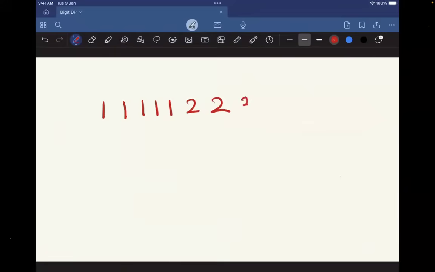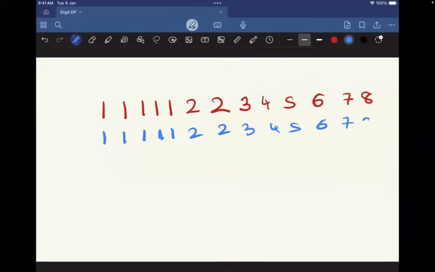Consider the array 3, 4, 5, 6, 7, 8, right? Now, the number of unique elements is 1, 1, 1, 1, 1, 2, 2, 3, 4, 5, 6, 7, 8. Because it's the same elements, the number of unique elements in the prefix is the same.